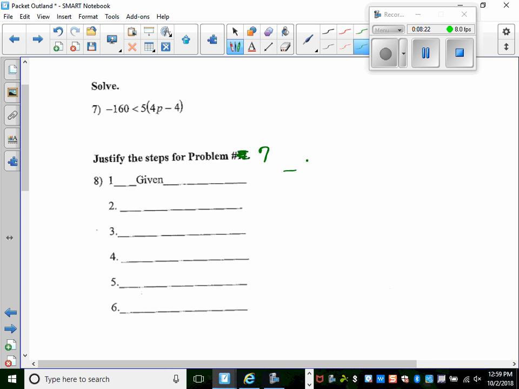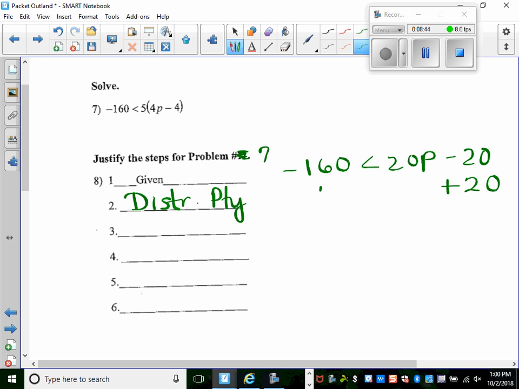So I'm going to have -160 is less than 20p minus 20. So for second step, you're going to say distributive property. Next step will be to get all my constants to one side. So I'm going to add 20 to both sides.